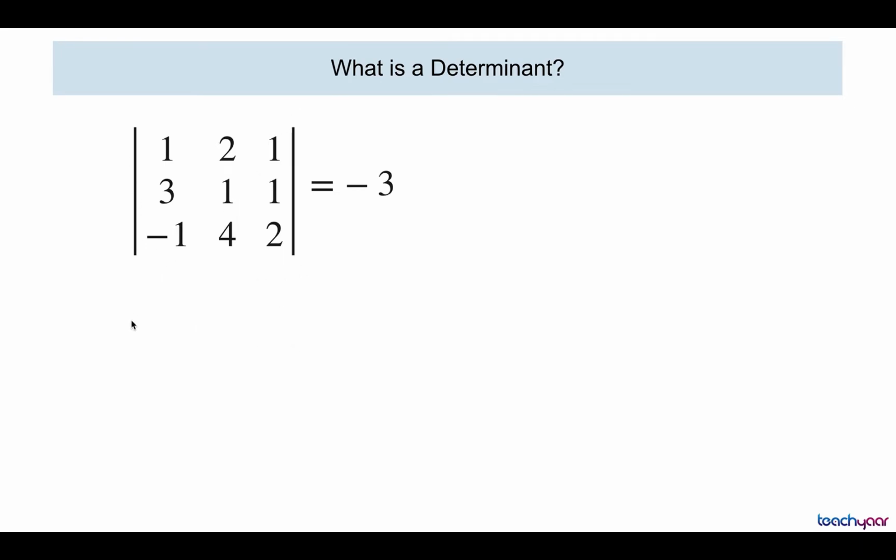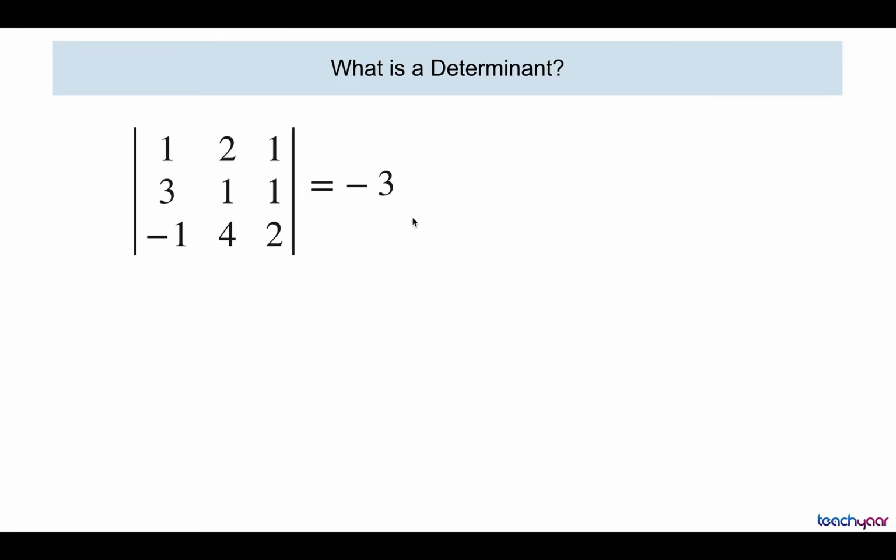In this case, I've used the absolute value symbol: 2 straight lines, and in between that, the numbers. These 2 straight lines are the symbol for determinant. So when you take out the square brackets and replace them with these 2 straight lines, it becomes the determinant of a matrix. And the determinant of this matrix is minus 3.